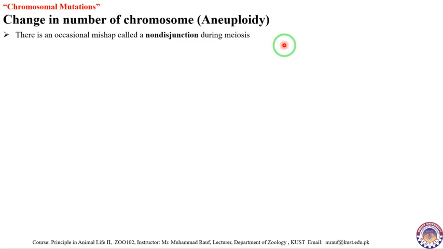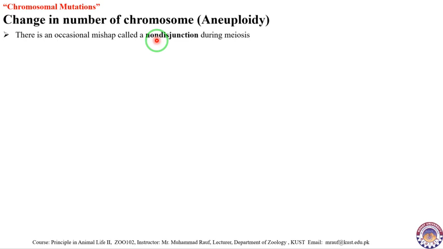There is an occasional mishap called non-disjunction during meiosis. Non-disjunction is the failure of the homologous chromosomes to separate from each other. Homologous chromosomes join end-to-end with each other during prophase, and there they undergo a process called crossing over, where exchange of segments takes place.